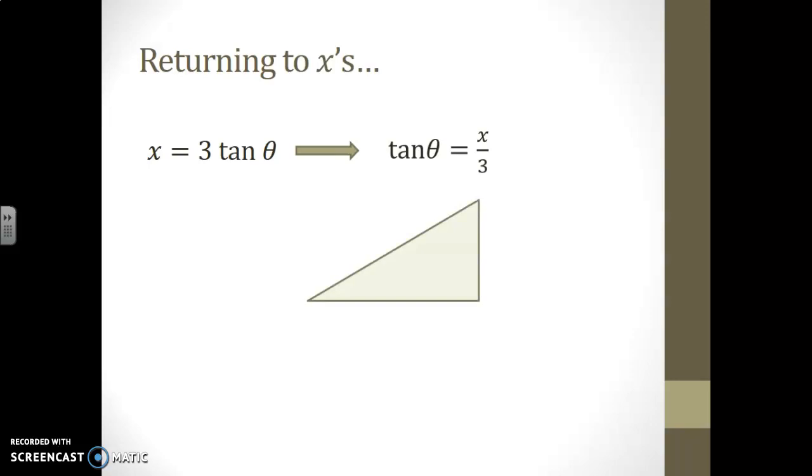A triangle where theta is placed at some angle and choosing the opposite and adjacent sides to go along with the ratio x over 3 will help you determine that root of 9 plus x squared is the hypotenuse. So, secant theta is the hypotenuse over the adjacent side and can be expressed in terms of x. As for tan of theta, it was x over 3 itself.